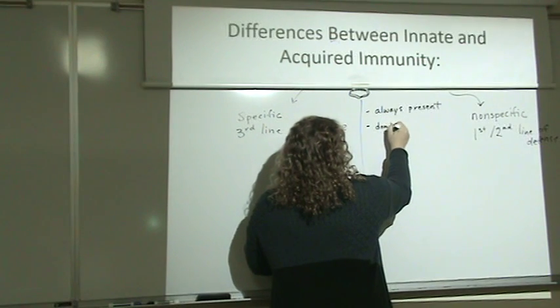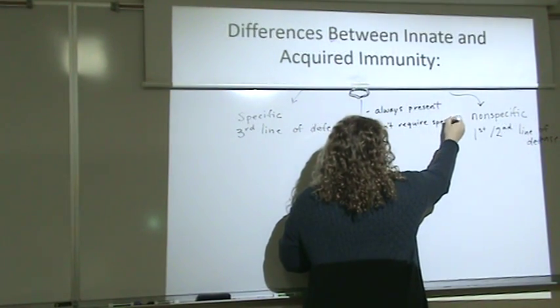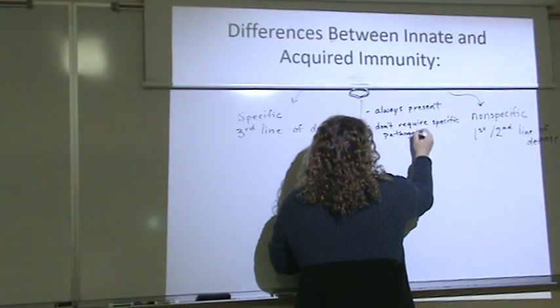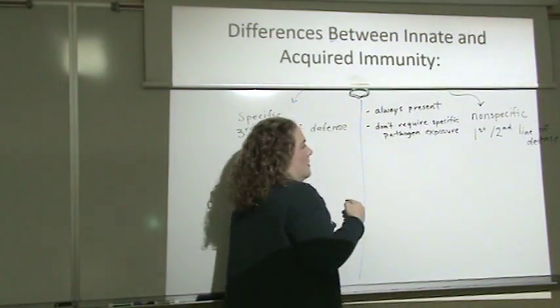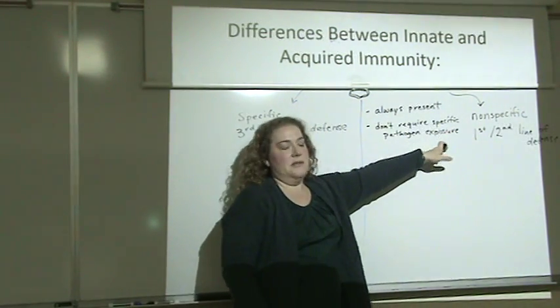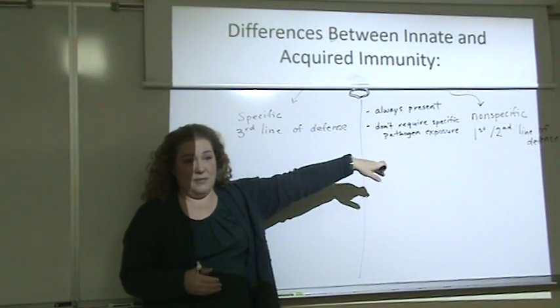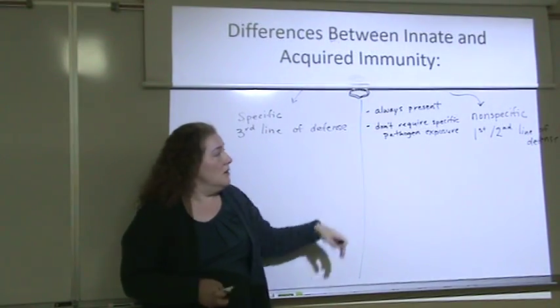They don't require specific pathogen exposure. That's why they're called non-specific. So you don't have to have encountered that specific pathogen before for your innate immune system to help protect you.